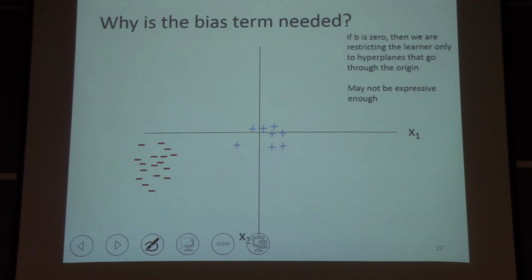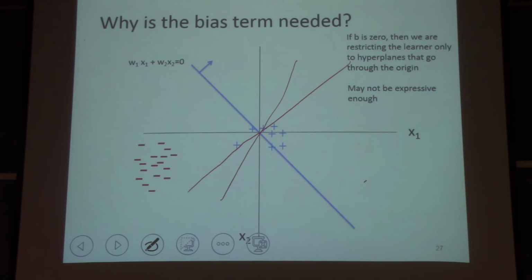If b is 0, then we are only restricting ourselves to functions that go through the origin, which means we are not allowing ourselves the liberty to find all possible functions. Just by adding this one bias feature, we are increasing the expressivity of our classifier. Otherwise, by not adding bias, you are only allowing yourself to search for functions that go through the origin.